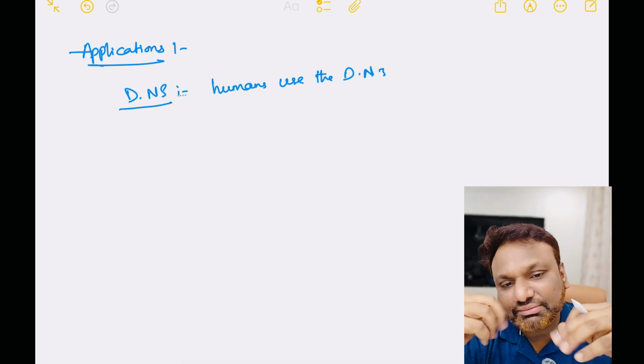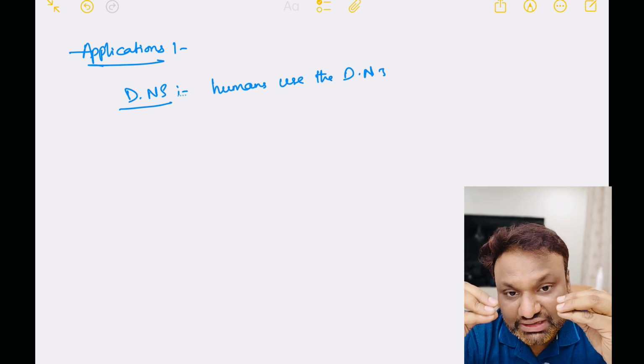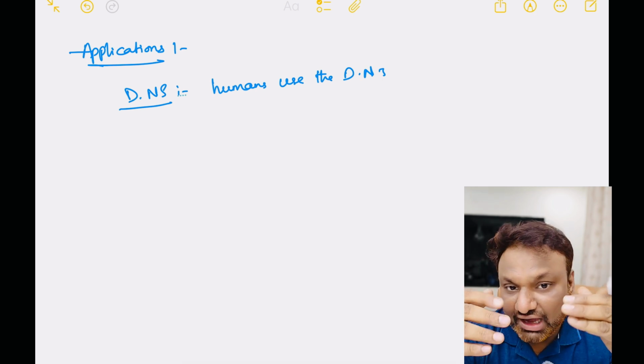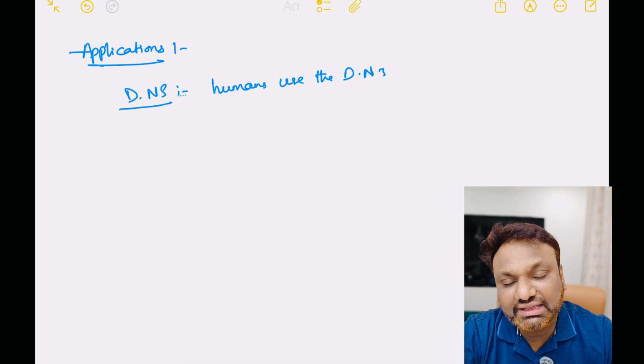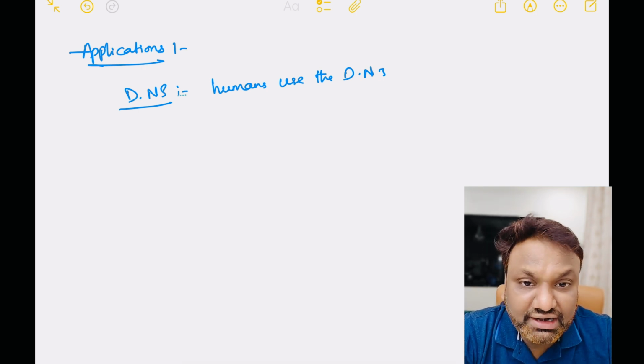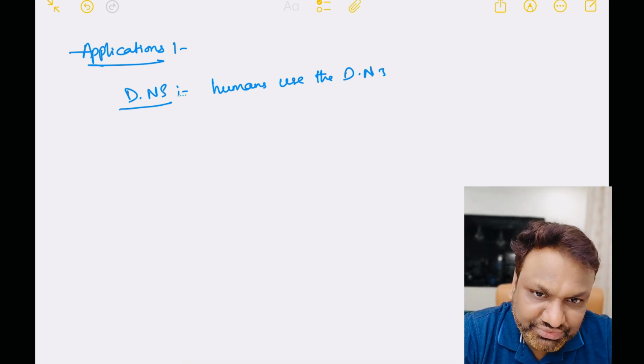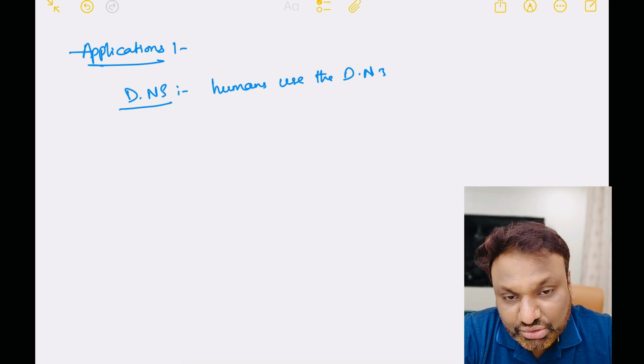Initially the input is a decimal number. The hardware doesn't understand the decimal number system. The hardware understands only the binary number system, that means only ones and zeros.